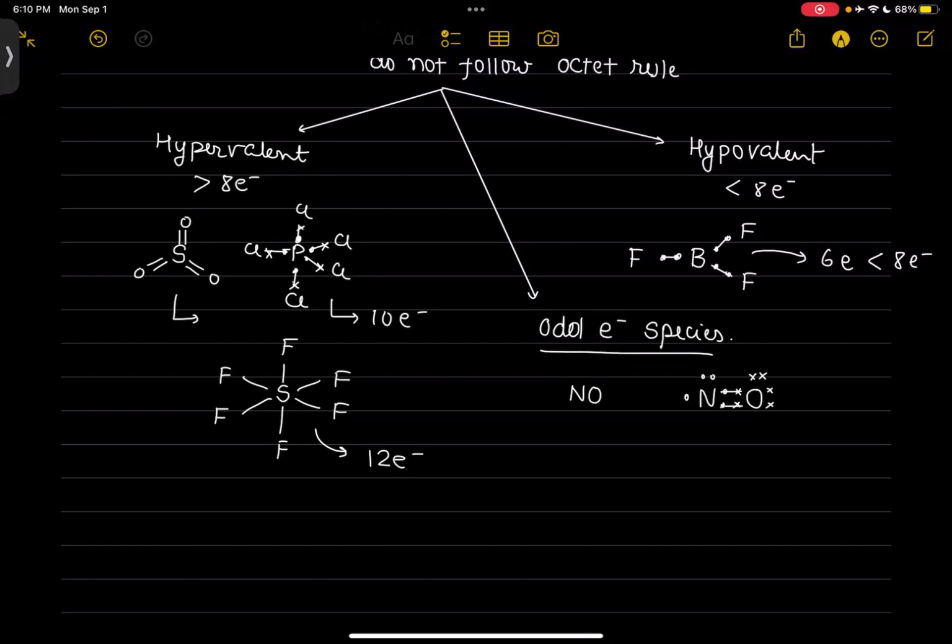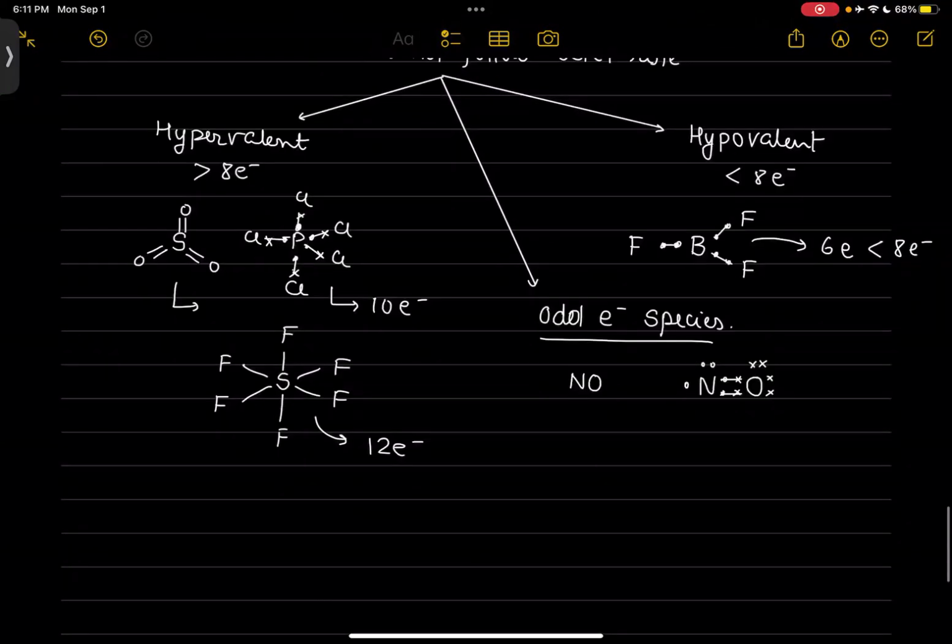So now you can see one electron is left unpaired, and this is the odd electron species, where the total number of electrons is odd. Clear? Yes, sir. So these are the exceptions to your octet rule.